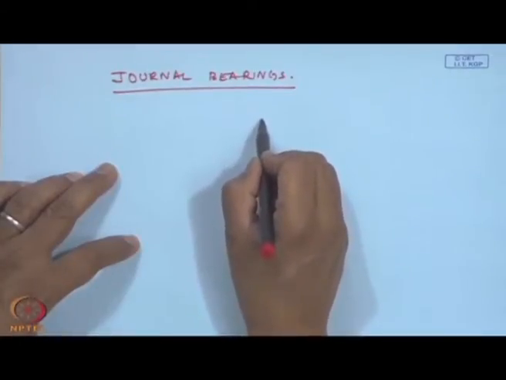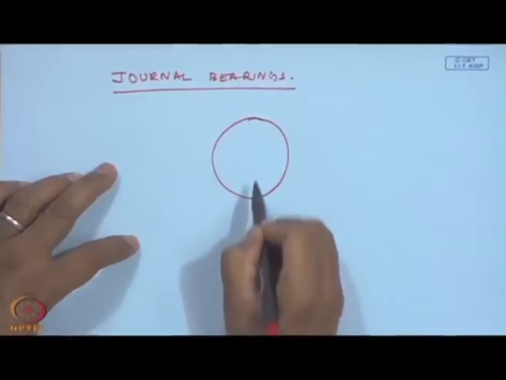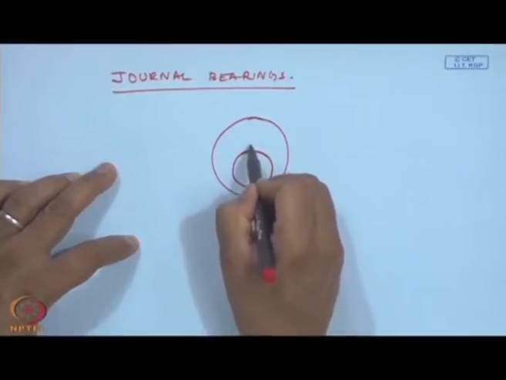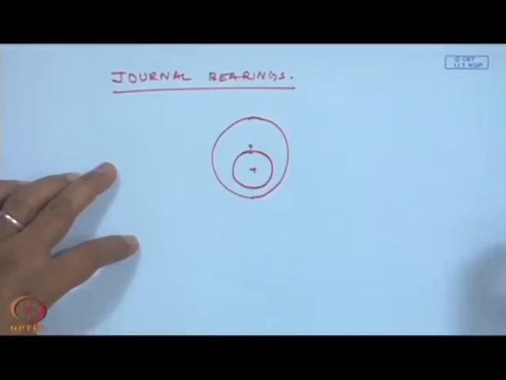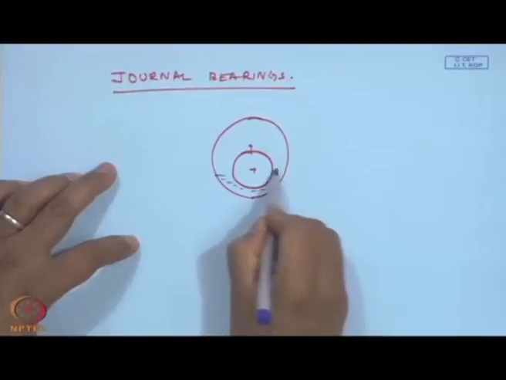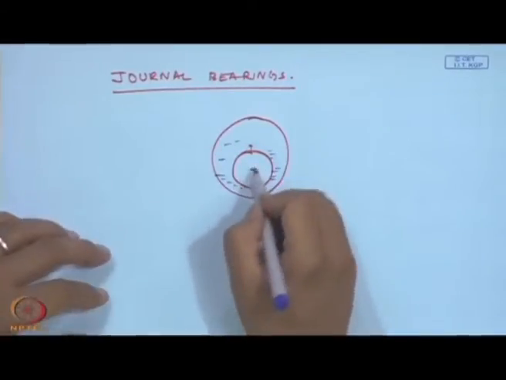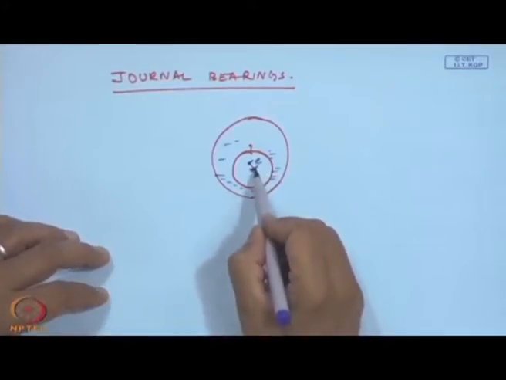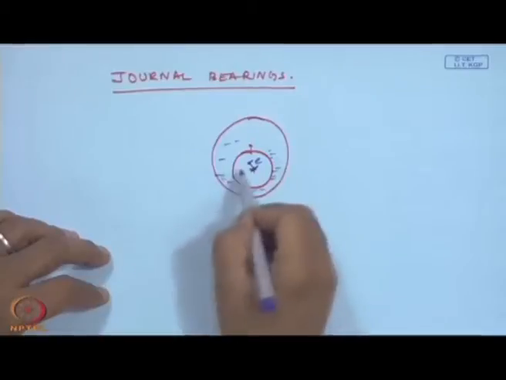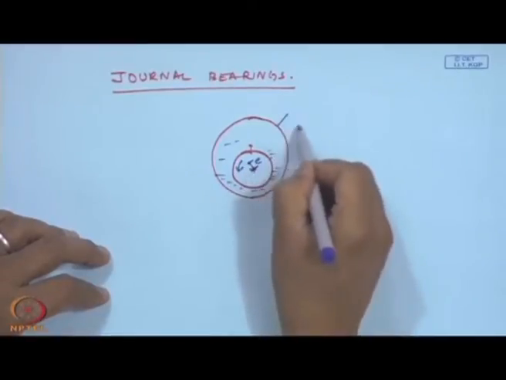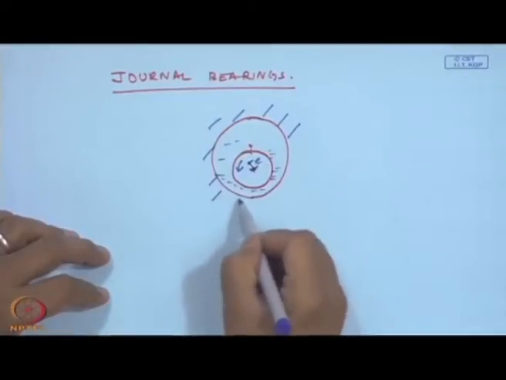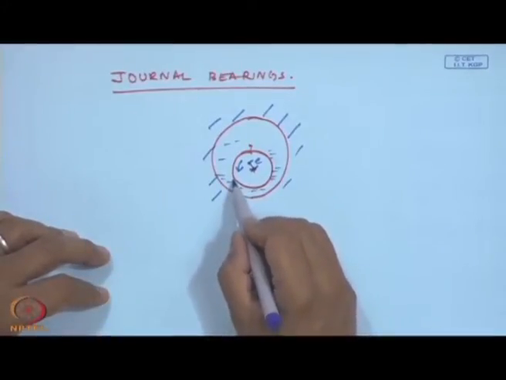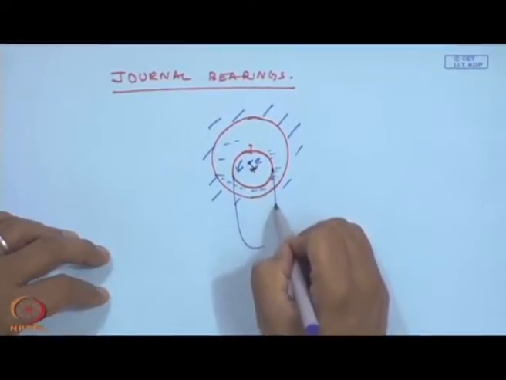Suppose I have a shaft which is rotating, and this is filled with oil, and because of the eccentricity between the center of the journal and the center of the shaft, I will have a converging diverging section, and this shaft is rotating like this and the journal is fixed. Because of this converging diverging section, there will be a fluid pressure.